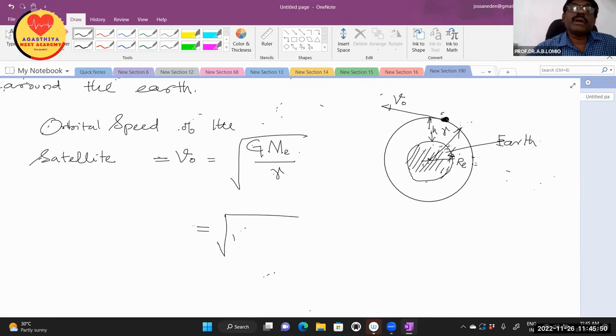This can be expressed in terms of the radius and the height at which the satellite is positioned. The small r is equal to RE plus h.